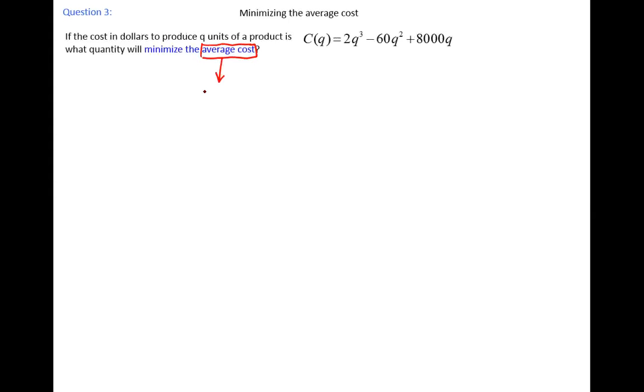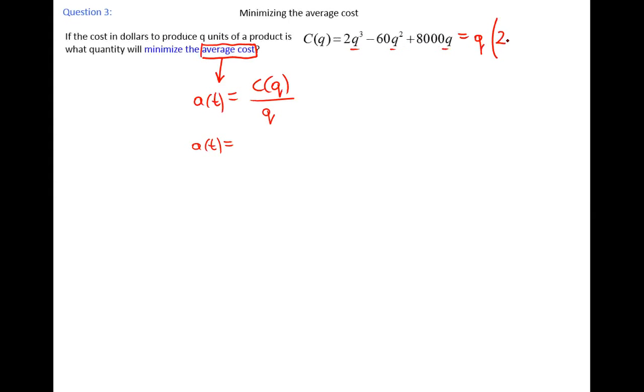That means first of all, the same thing, the total cost divided by quantity. Let's create an average cost function. I will factor out q because q is a common factor for the function.